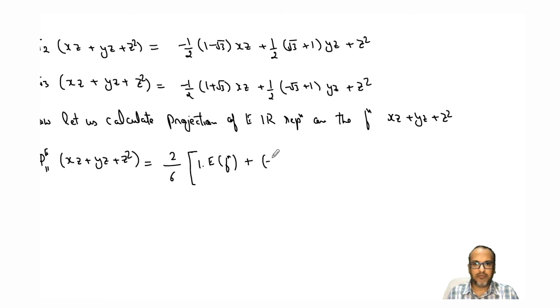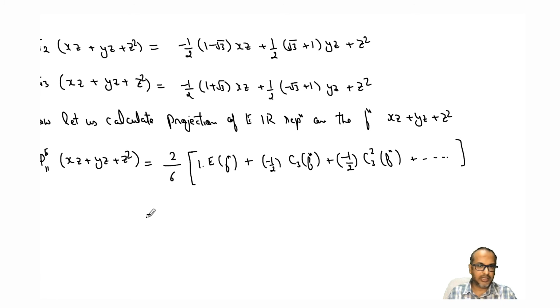So now I'll have minus half and effect of C3 onto the function. Similarly, for C3 square, I have minus half again and effect of C3 square onto the function, and so on. Let us do it for 1 so that it is very clear.